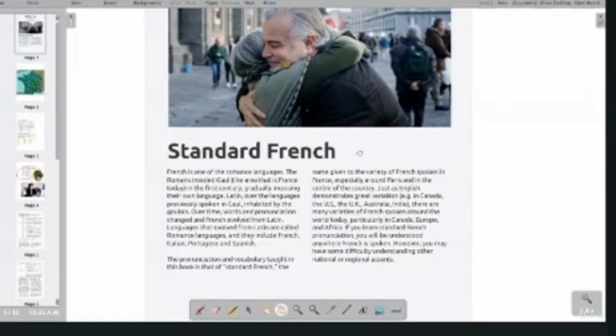So the language that we call French today evolved from Latin, a mixture of Latin and some other local languages spoken in the area that is called France today. That area, many years ago, used to be Gaul and Franks that lived in the area.